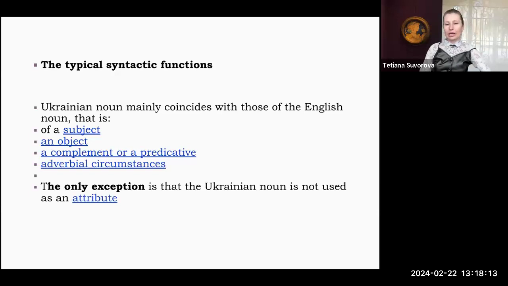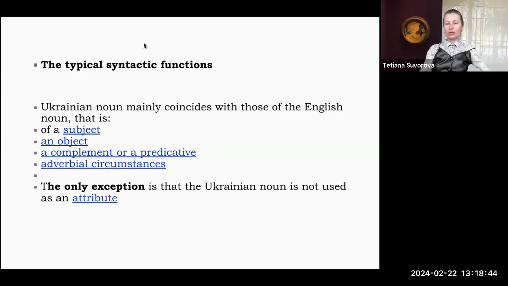But these are things that we will discuss concerning the pronouns. And adverbial circumstances of different types. There are around 12 different subtypes of adverbial modifiers, and nearly all of them can be expressed by nouns.